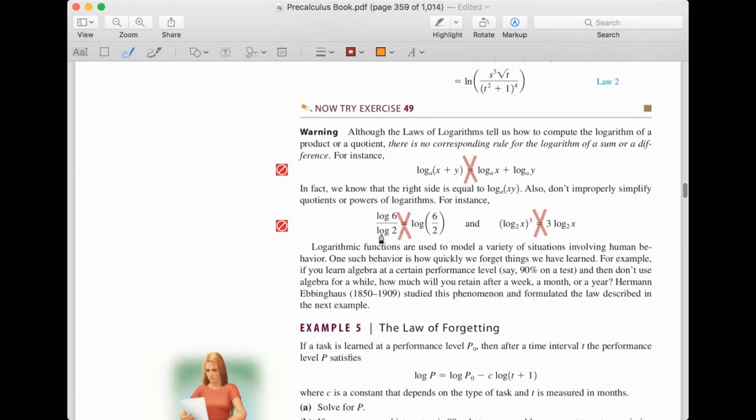Also, this one: we have a log in the numerator and a log in the denominator. They cannot be written as log 6 divided by 2. Let's rewrite this on the side.